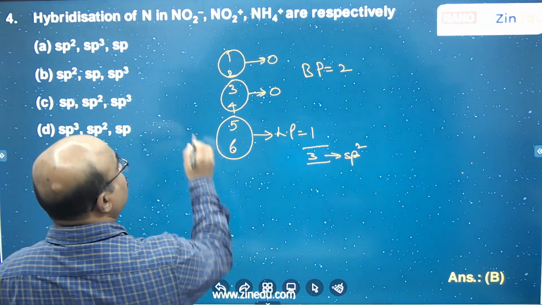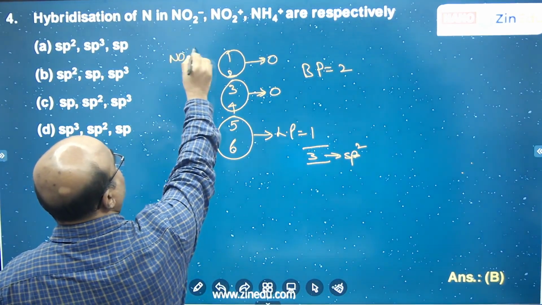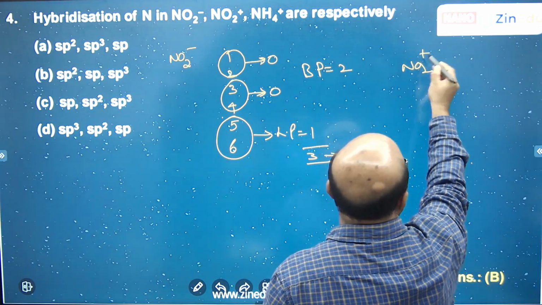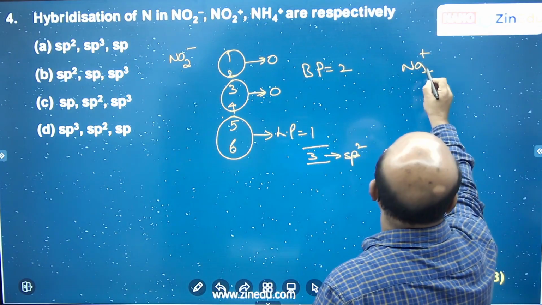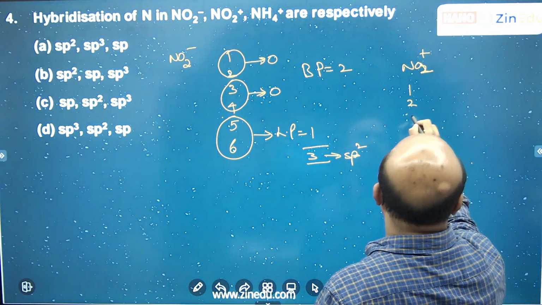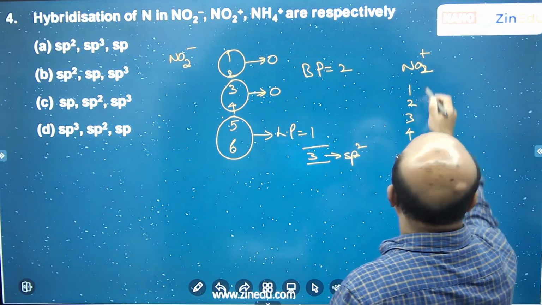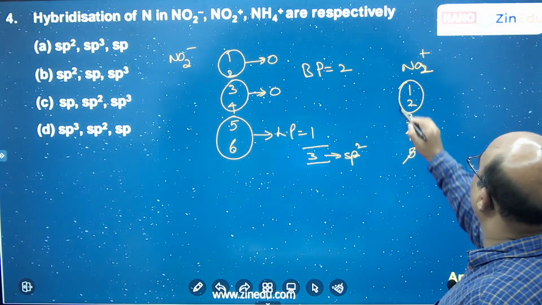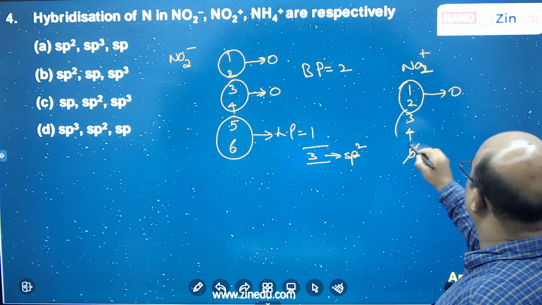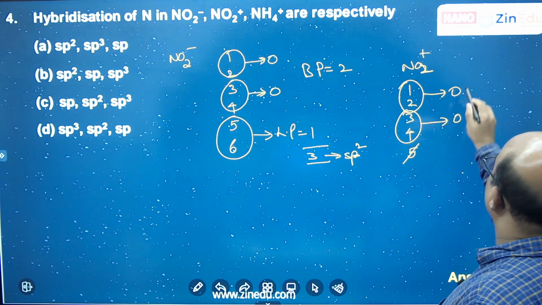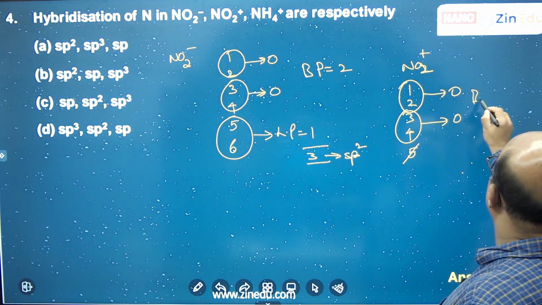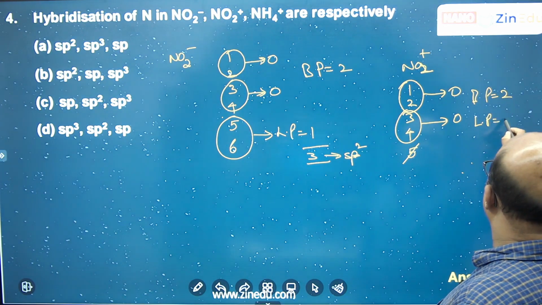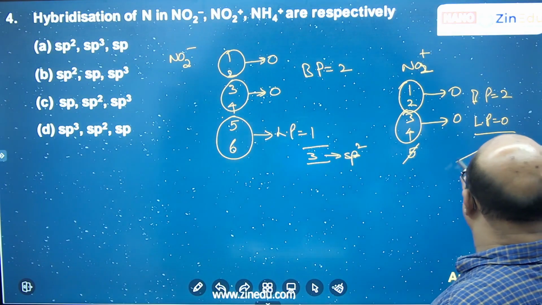And NO2 plus is like this: nitrogen has 5 electrons, positive charge, so we remove one. Then 2 electrons go to one oxygen atom and 2 electrons to another oxygen atom. So totally the bonded pairs are 2, lone pairs 0. So it is 2, then it is sp hybridization.